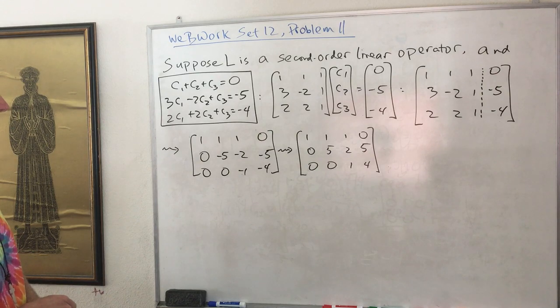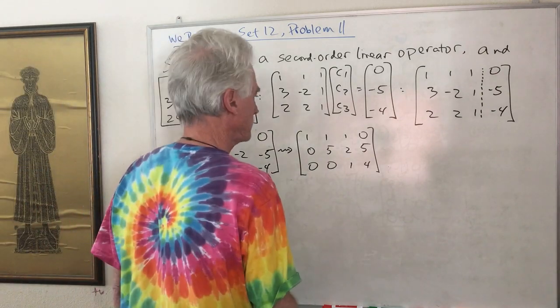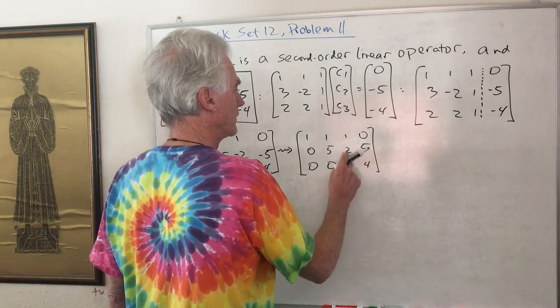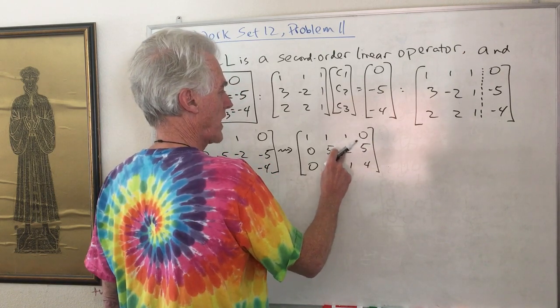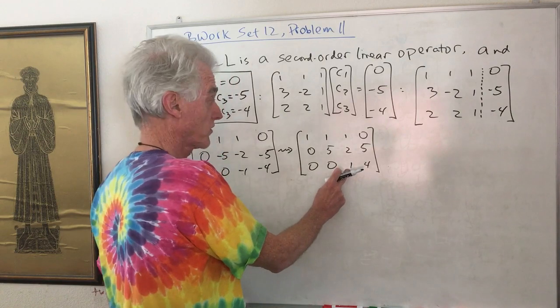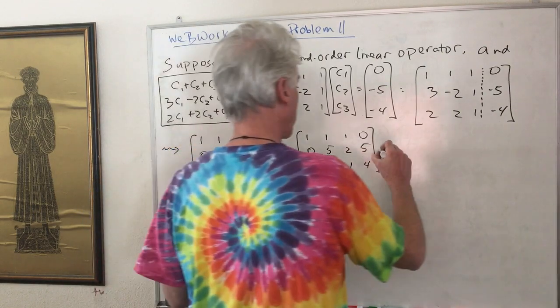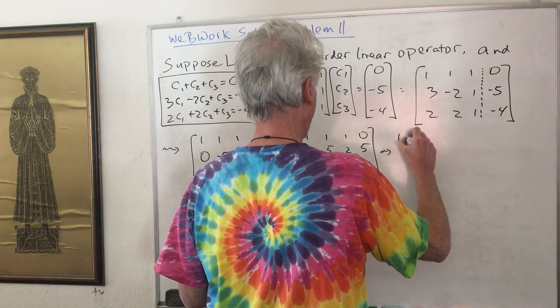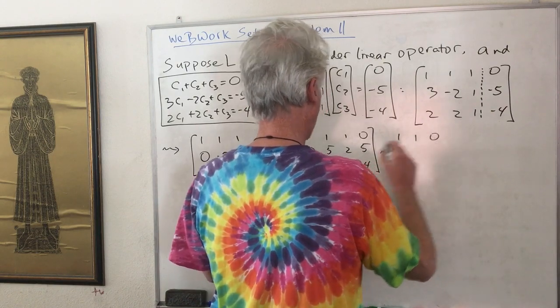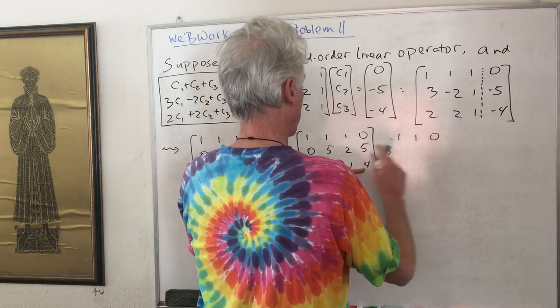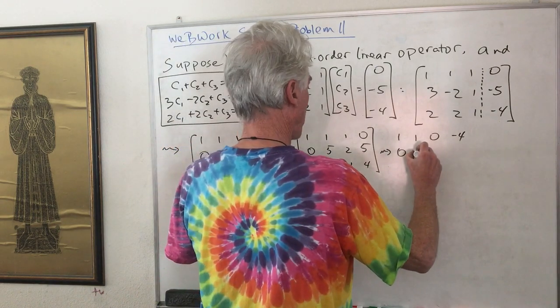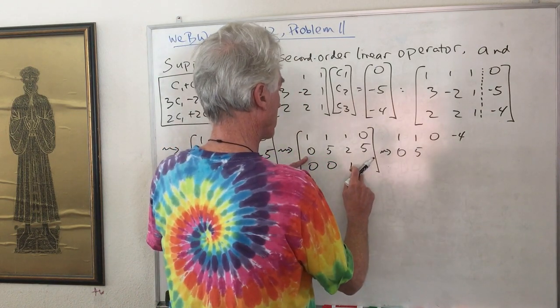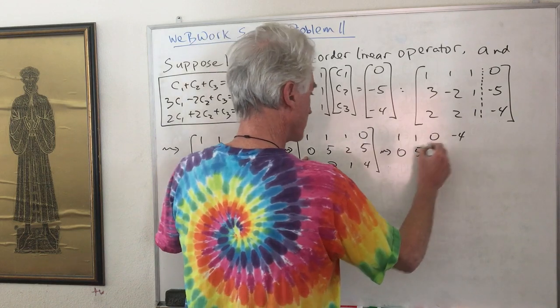Okay. Now I can put a 0 here and here by taking that row, subtracting twice the third row. So this goes to 1, 1, 0, -4. And this goes to 0, 5, that minus twice that, 0.